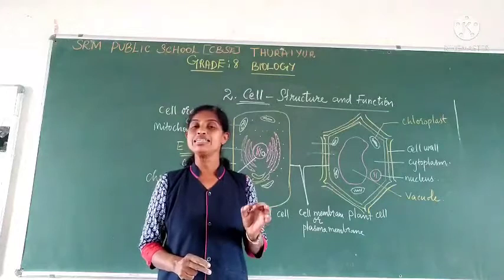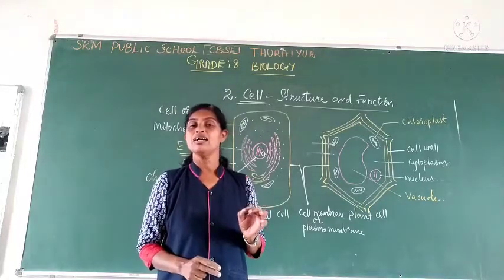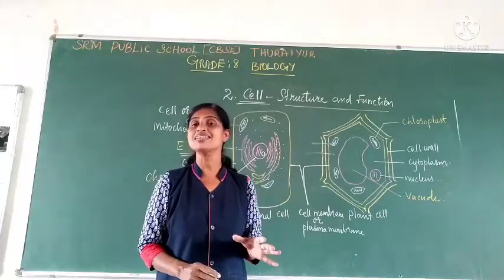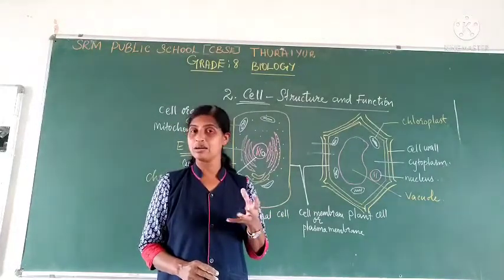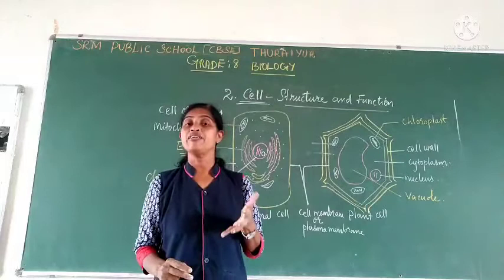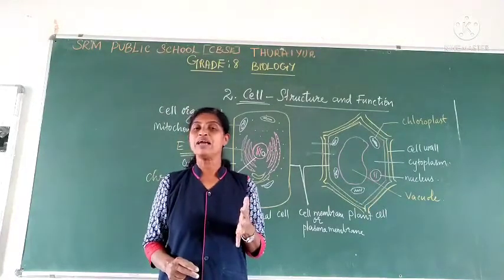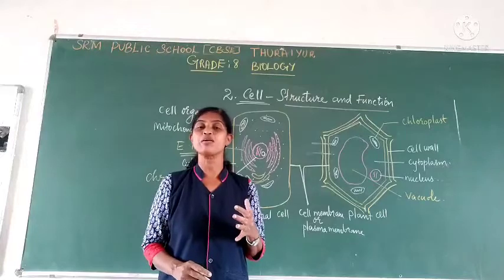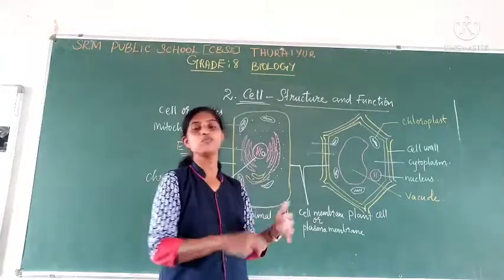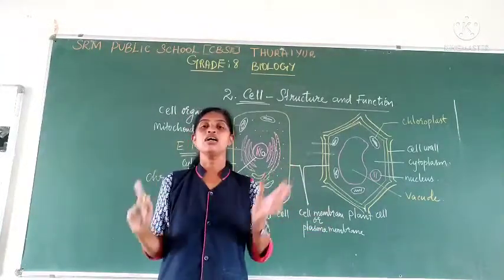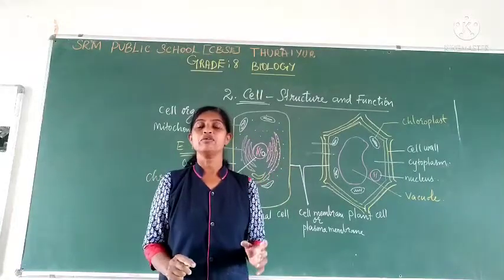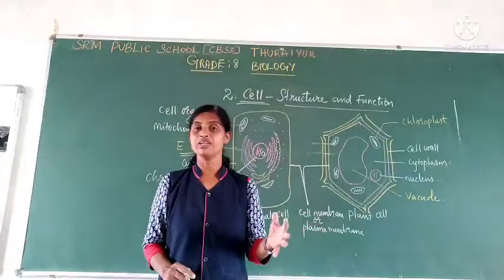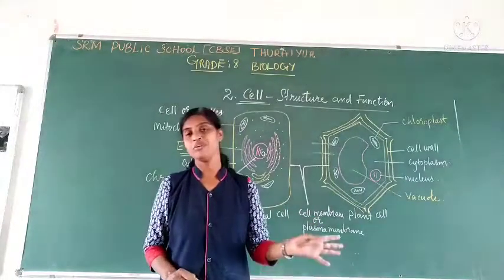Cell wall is an additional cover. It is found outside the plasma membrane in plant cells, and it is very stiff and firm, so that plant cells will be protected from injuries because they are exposed to all kinds of weather. Plants cannot run away when there is heavy rain, or when it is too hot, or heavy wind.